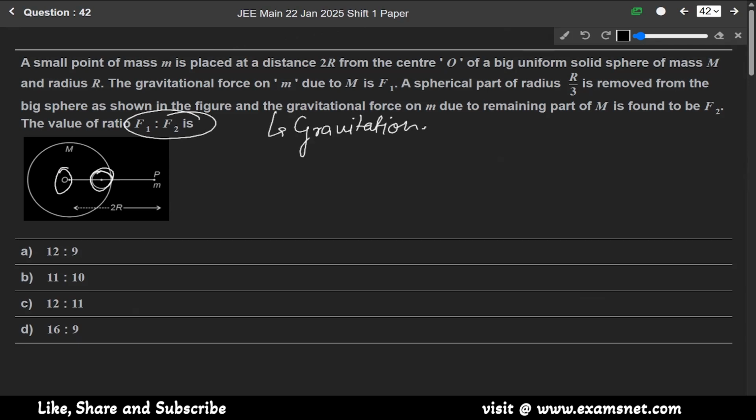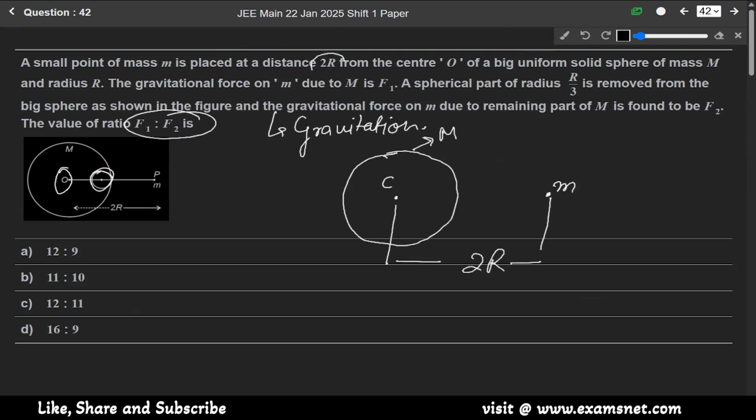So how will we solve this question? To solve it, let us draw the figure. This is the solid sphere, and let us say its center is here. According to the question, this point is of mass m and this is of capital M, and the distance between the center and the point is given as 2r.